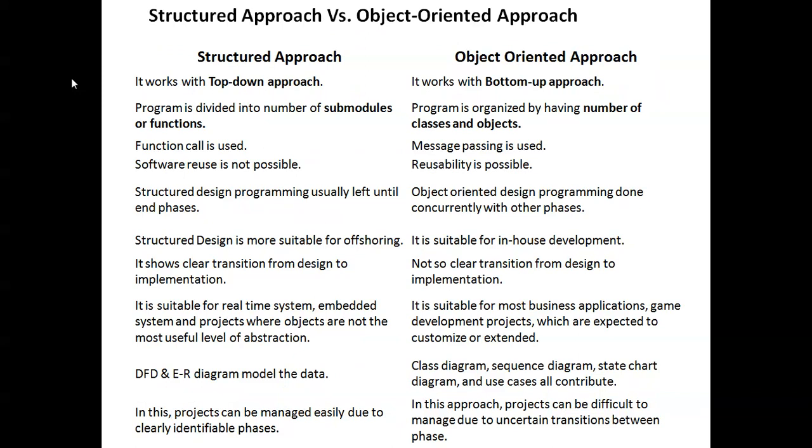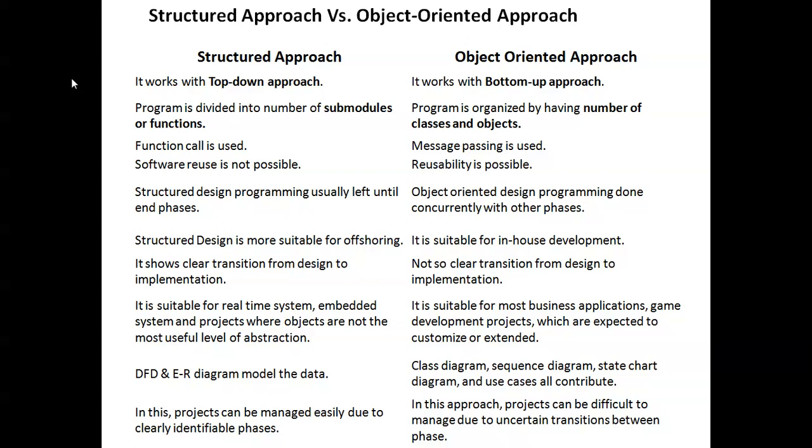So, the object-oriented approach: this is the difference. The structured approach is top-down, and the object-oriented approach is bottom-up. In the structured approach, the program is divided into a number of sub-modules and functions, while in the object-oriented approach, the program is organized by having a number of classes and objects. Here function calls are used and software reuse is not possible, while in object-oriented programs reuse is possible.